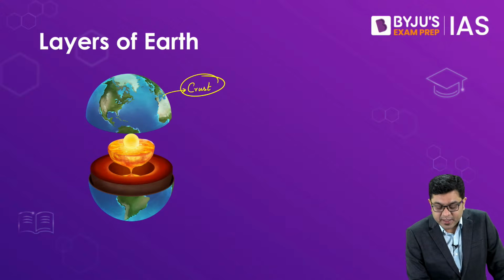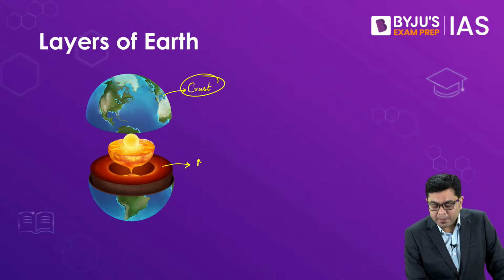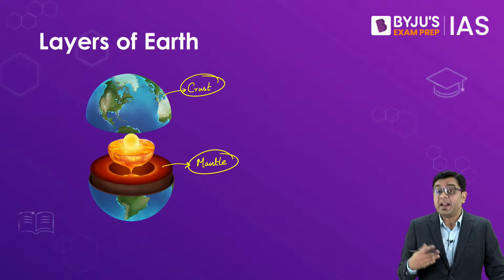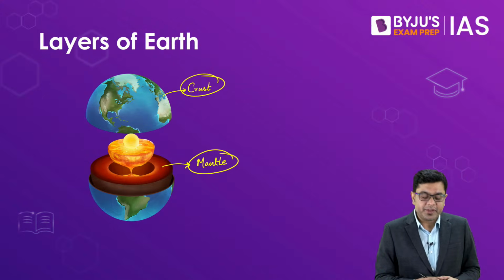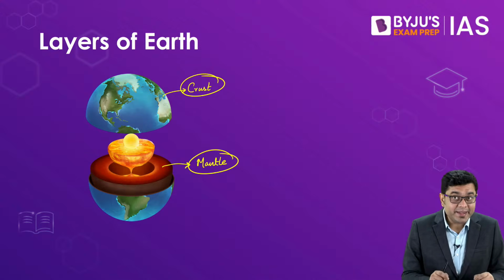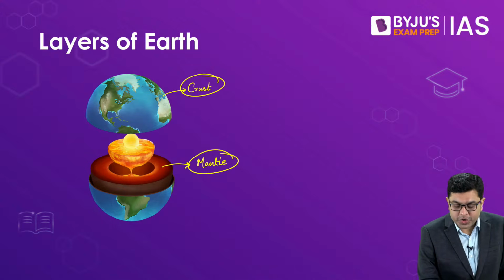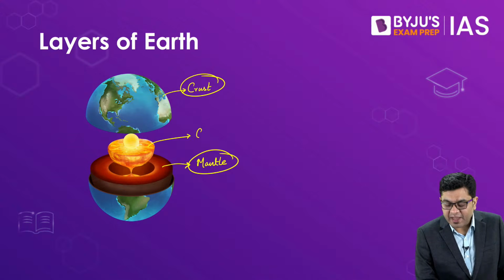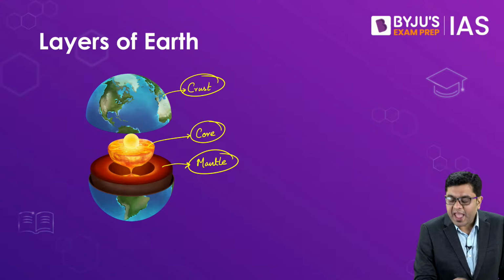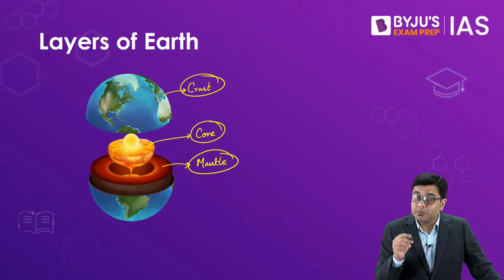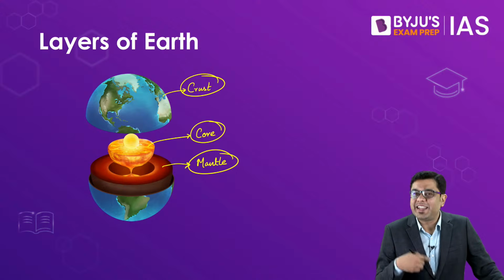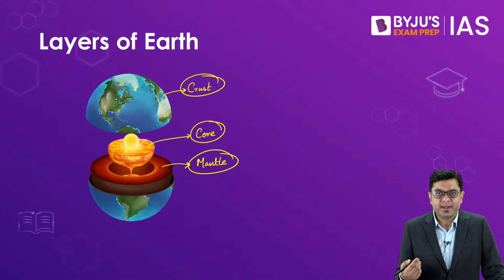Inside the crust, you have the layer of mantle, which is quite voluminous and has a significant mass associated with it. And in the innermost portion, that is where we have the core. As we move from crust to mantle to the core, the temperature always increases.